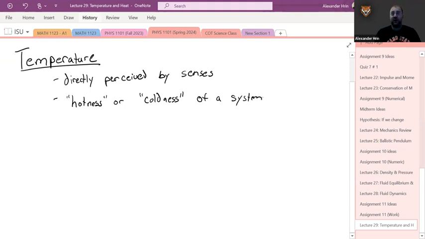So you can talk about heating up a block of metal in a forge, and what's the temperature of the metal. But you can also talk about an ensemble of objects, like a room, in which case you're generally talking about the temperature of the air, but it can be a combination of things or just a single object. Another last way to put it is it's the thing we measure with a thermometer.